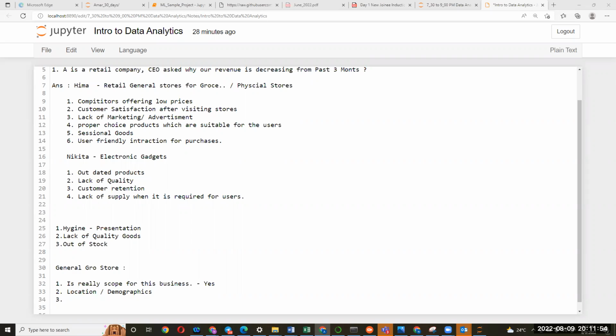And you identified different types of products which you need to keep in the store, and what type of things you need to sell.